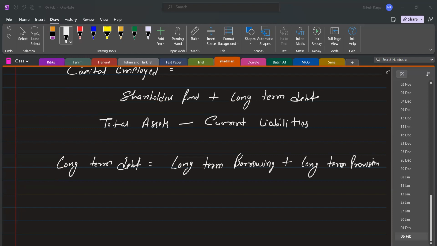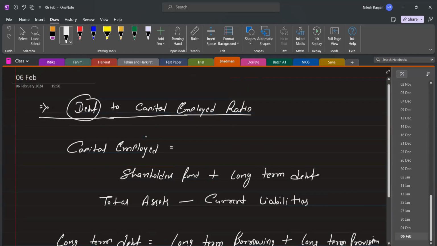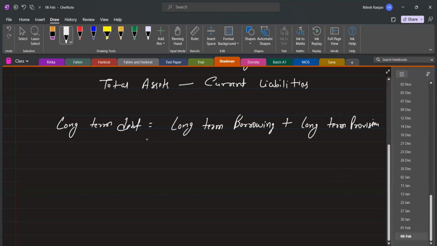Solvency ratio. Let's see. Okay. So if we have covered that, then no problem.